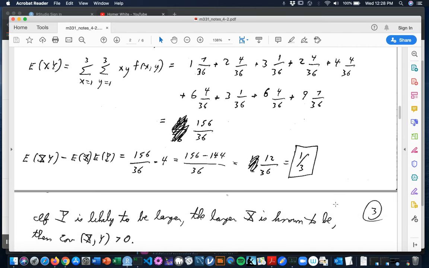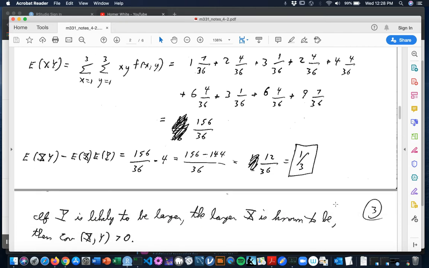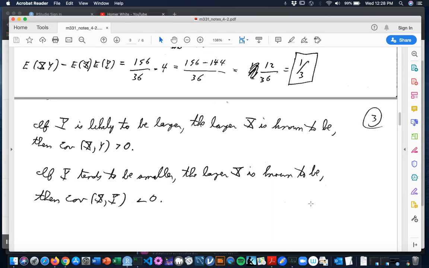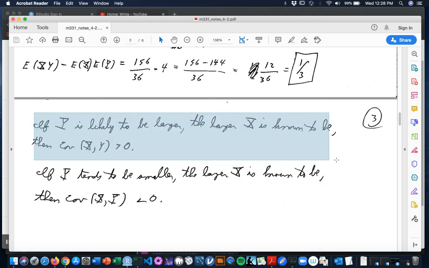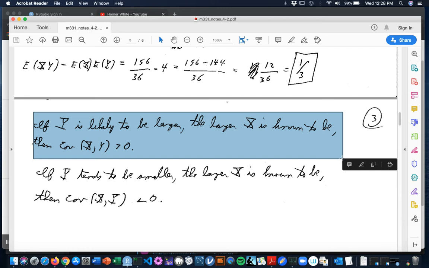Now, the exact value of that number is not so terribly interesting, but generally what you'll notice is that if it so happens that larger values of x tend to make larger values of y more likely, then the covariance will be positive.